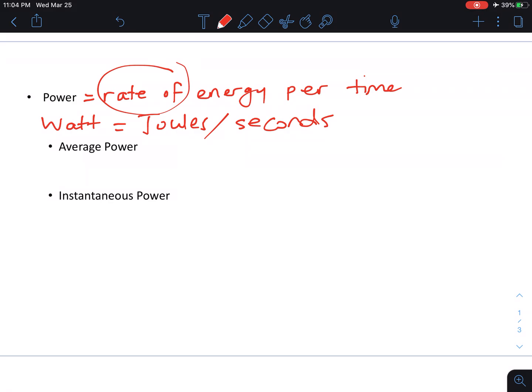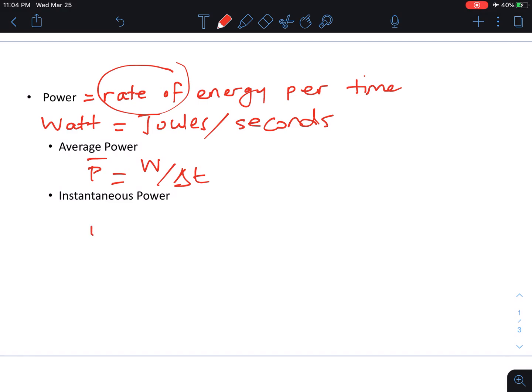Okay, and average power, as we did before for average velocity and acceleration, we put a bar on top. That's how we represent it. And that is the work done divided by a certain time interval, so it's finite time. Okay, that's how we get the average power.